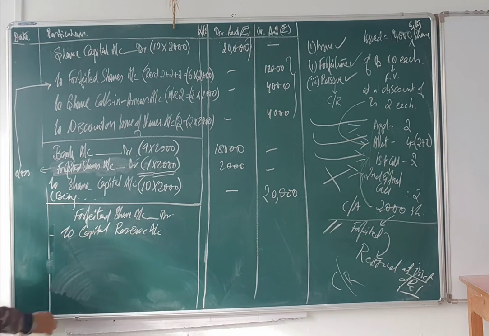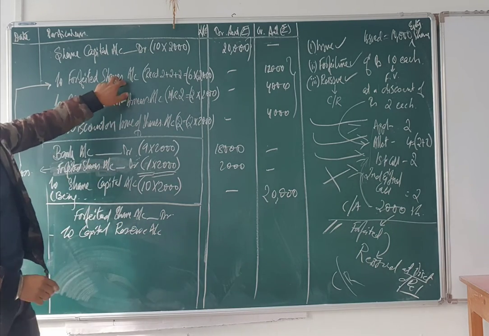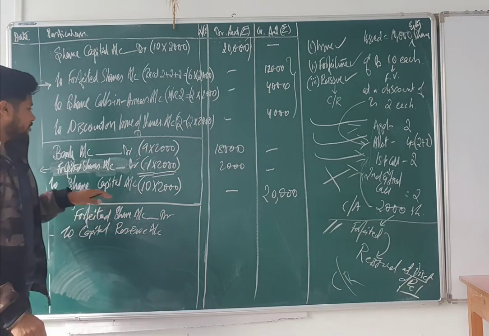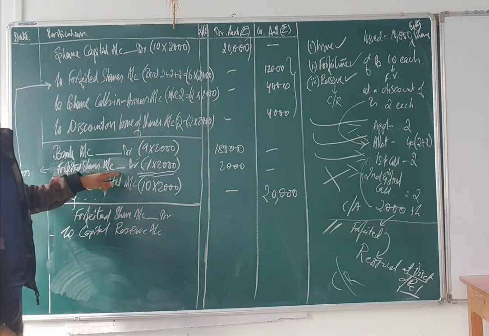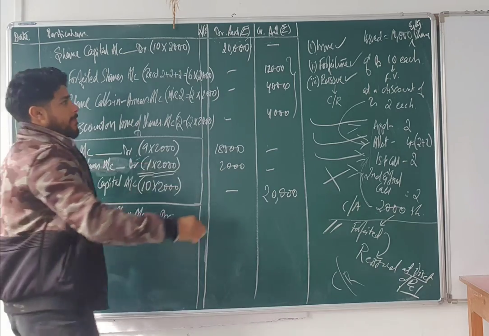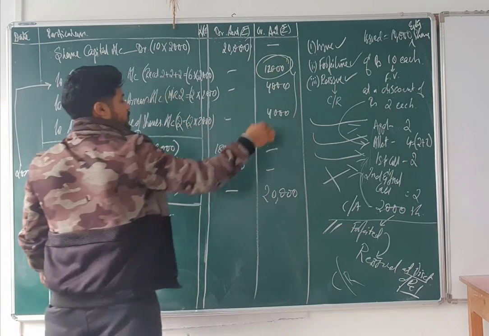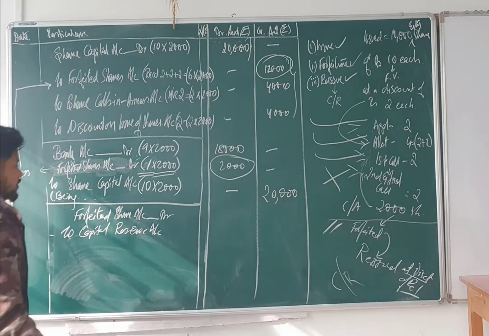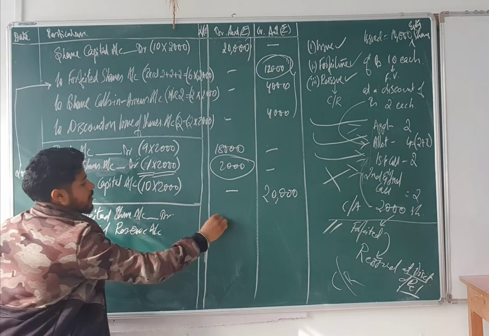Am I clear? Now check what that amount is. You already had 12,000 rupees in forfeited shares account, and then you have adjusted rupees 2,000, so 12,000 minus 2,000. That is the balance you have to write down here.